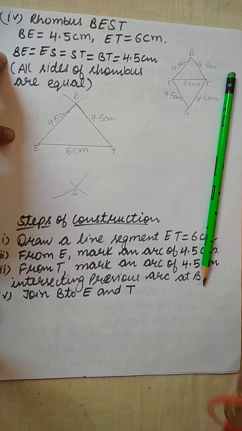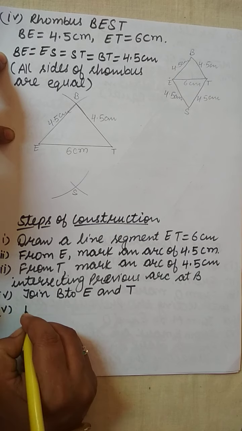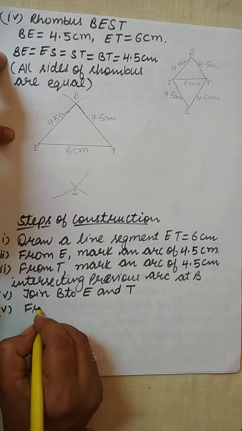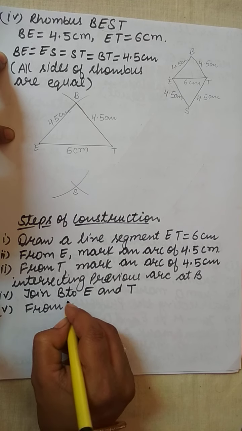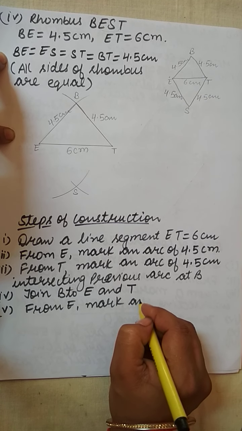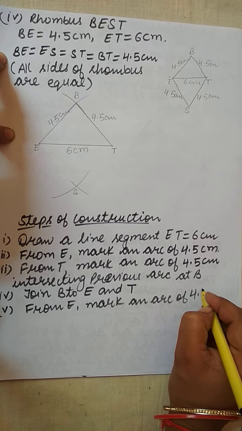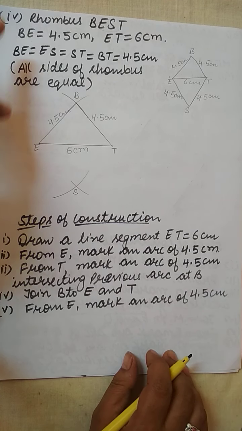Now again write down the steps of construction. Fifth step of construction, these are just repeating steps. From E, mark an arc of 4.5 centimeter.